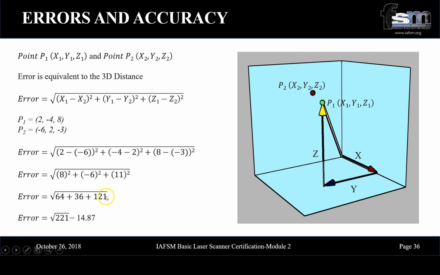Square the results, add them together, take the square root, and you end up with your total error. Again, these are easy numbers to work with, but normally these would be numbers with a considerable amount of decimal places, and we would hope that the actual location and the location provided by the scanner would be fairly close. But this is one way to look at the errors and how to calculate them.